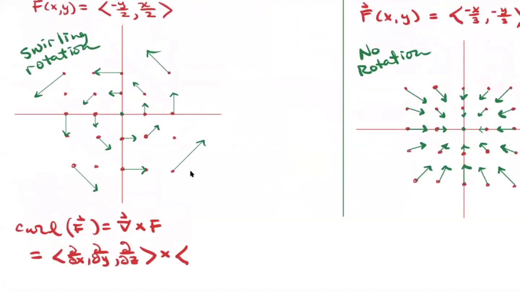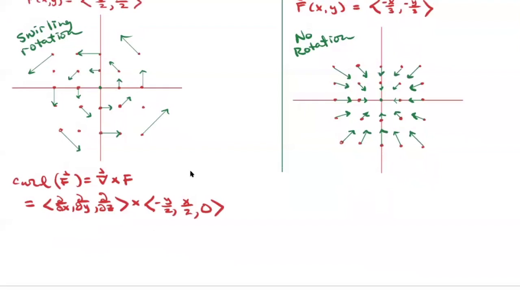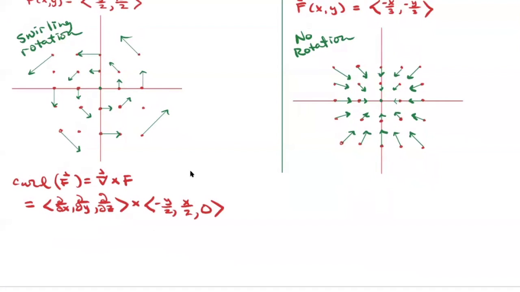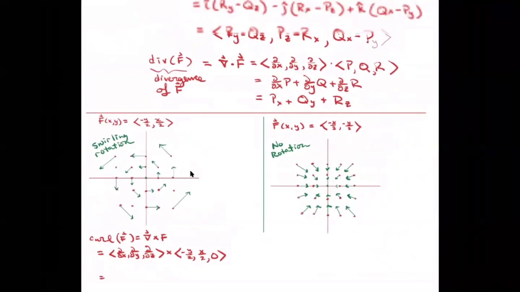F is going to have negative y over 2, x over 2, and then 0 for the third coordinate. And then we do the determinant.